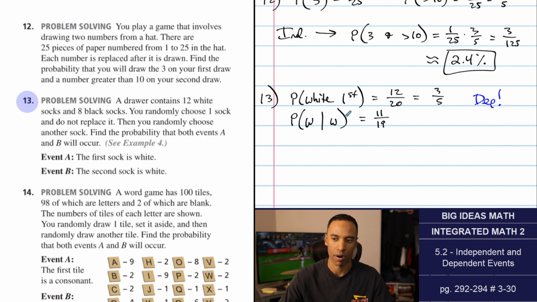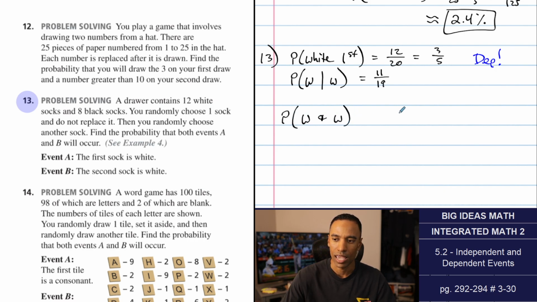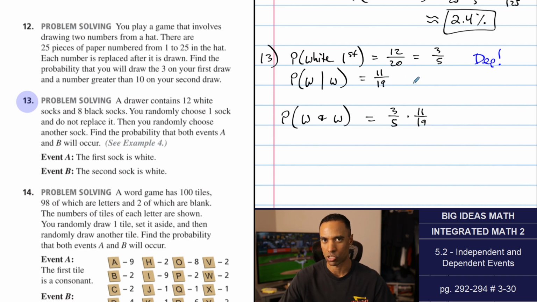Because it's dependent, everything's reduced by 1: probability of white given white. So now we still multiply these, but that's how it's going to work. So probability of white and white in a dependent case is not 3/5 times 3/5. It's 3/5 times 11/19. I would start by saying 12/20 times 11/19, and I'm probably going to go faster next time. Then I'll reduce it.